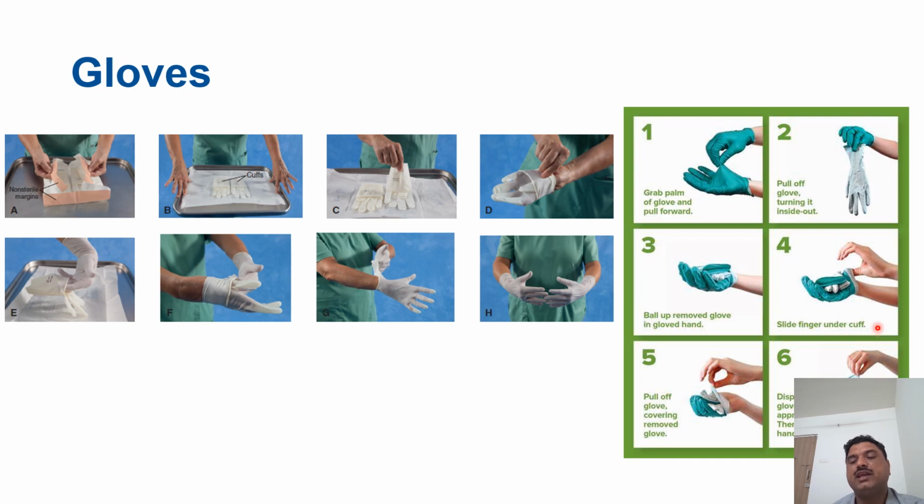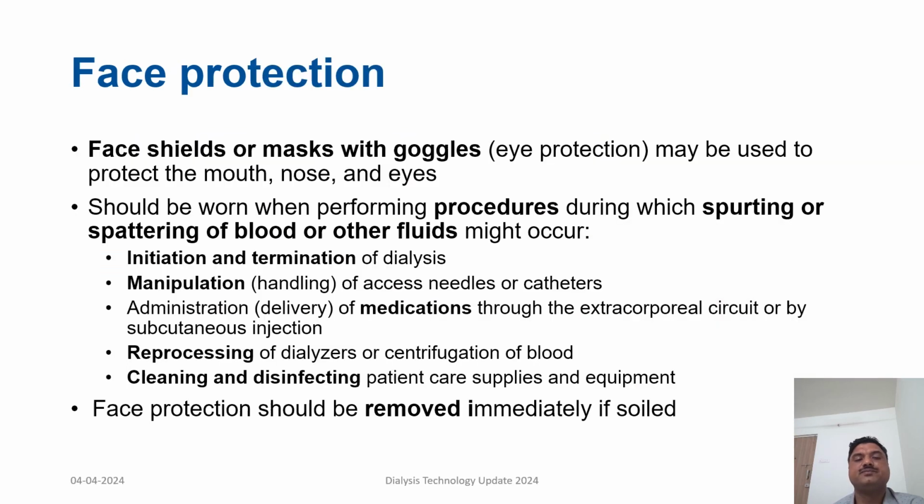Then, with the help of a non-gloved finger, slide it under the cuff of the second glove, and then the glove should be pulled off, covering the previously removed glove. Both should then be disposed of in a proper way.